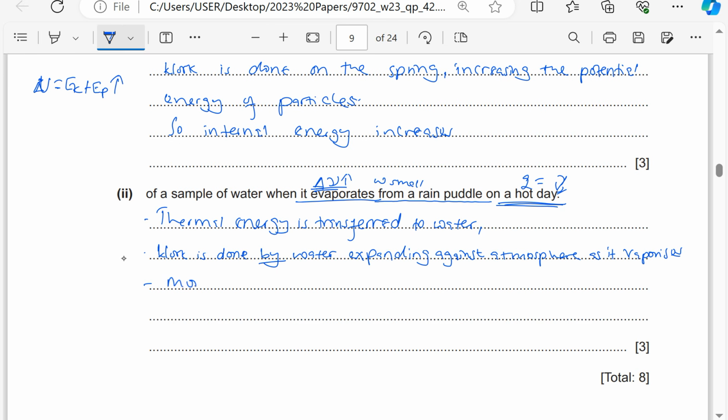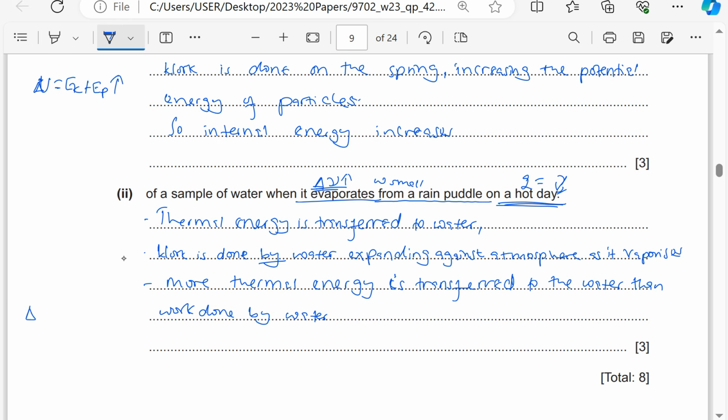So we say more thermal energy is transferred to the water than the work done by the water.